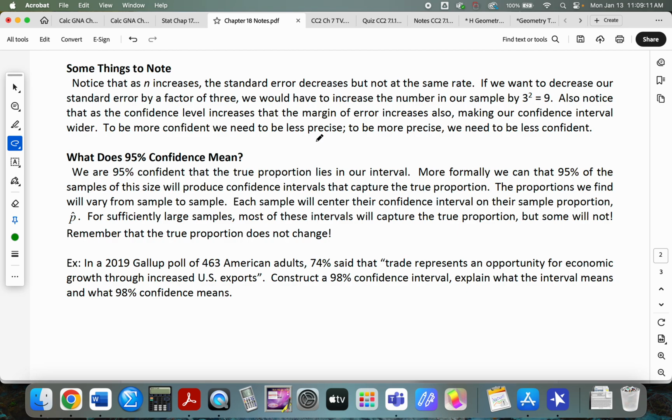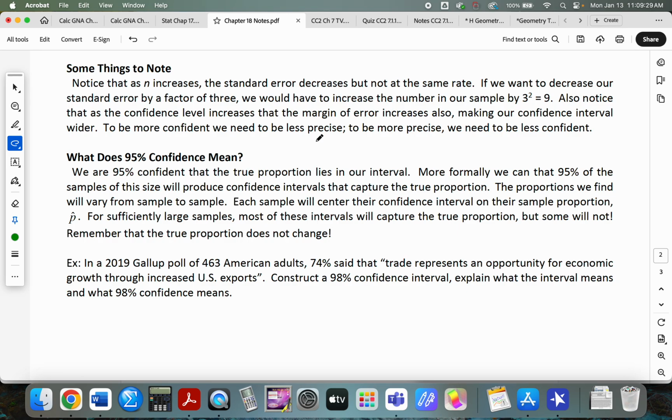I think that 95% of the time, a sample of this size will produce a confidence interval that will capture the true proportion. Not all of them will, but I think that 95% of the time it will.